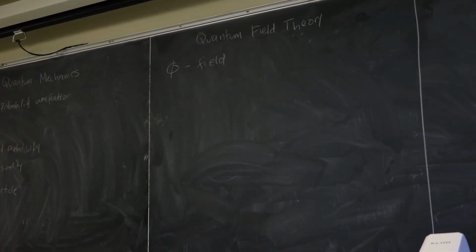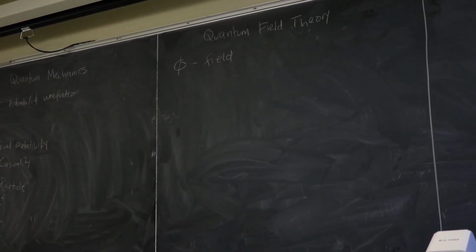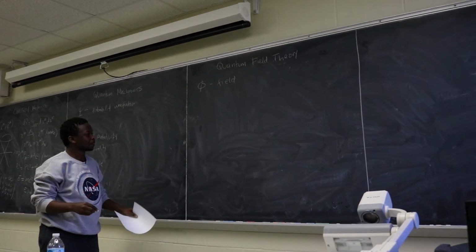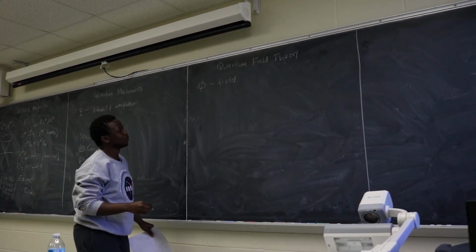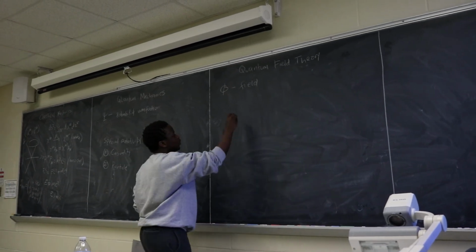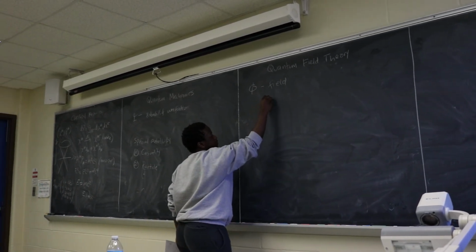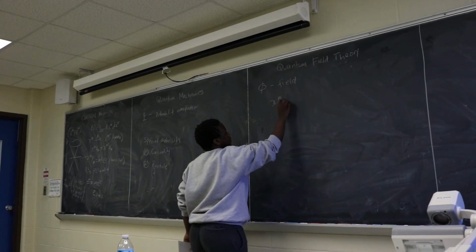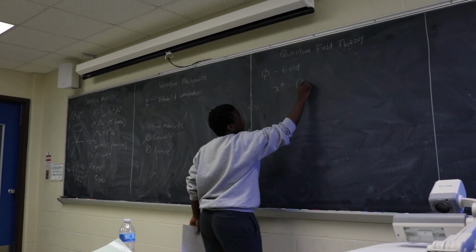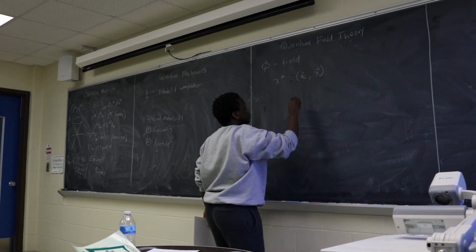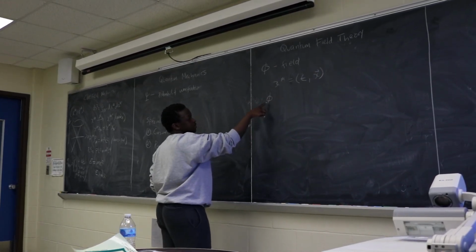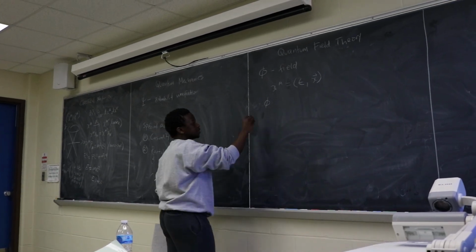And here, instead of promoting dynamic variables into operators, we demote them, for very good reasons. One, we want to treat space and time on equal footing. So now phi becomes the operator instead.